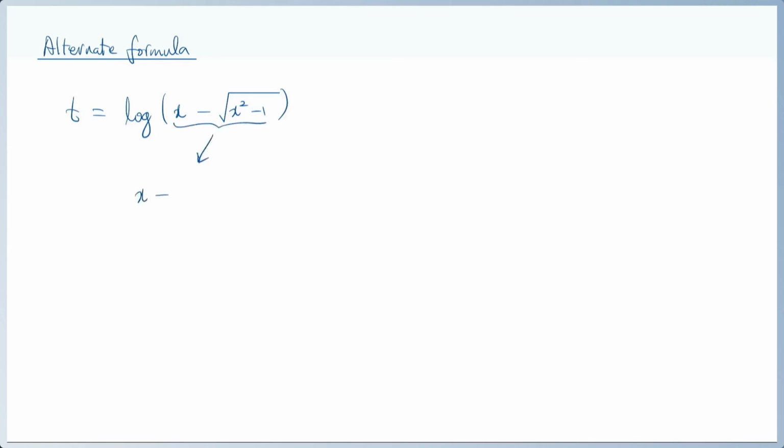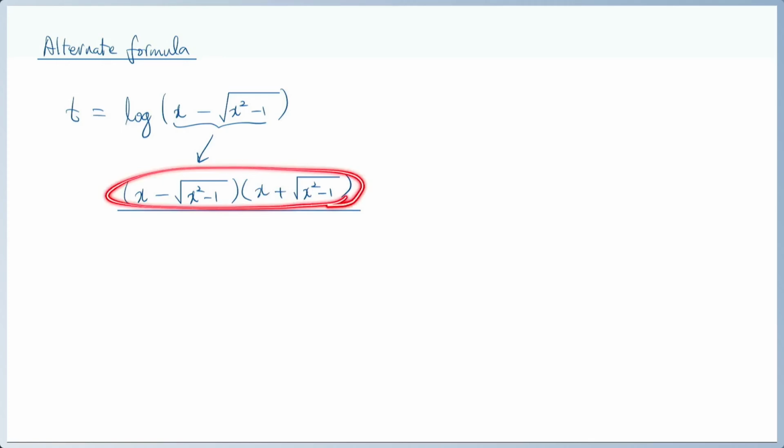So I have x minus square root of something. The natural thing to do is to multiply by the conjugate over conjugate. Since the conjugate now has addition instead of subtraction, provided that the top simplifies to something that doesn't involve subtraction, we will be good to go. Let's confirm.